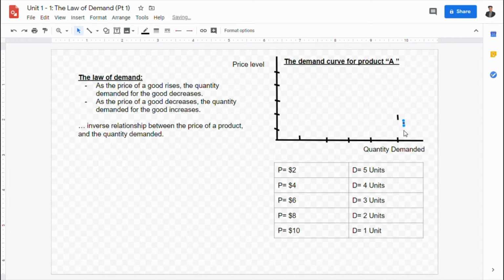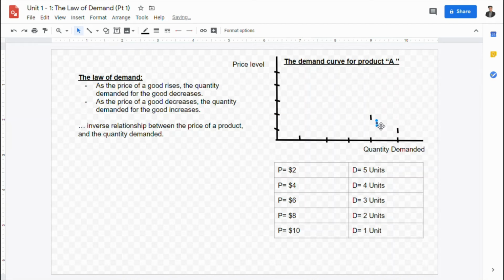However, as the price increases, let's say to 4, the quantity demanded falls to 2, compared to 5 when the price was at 2.